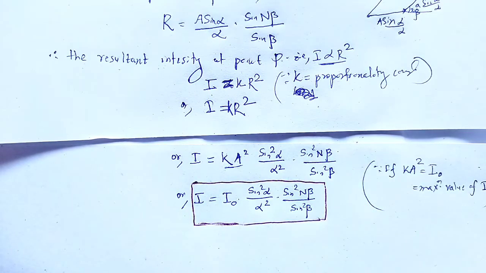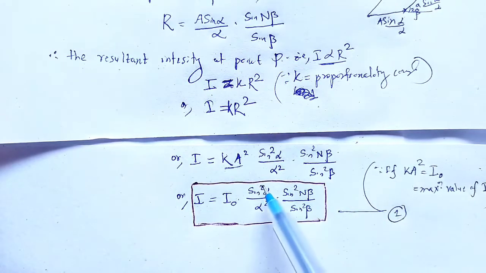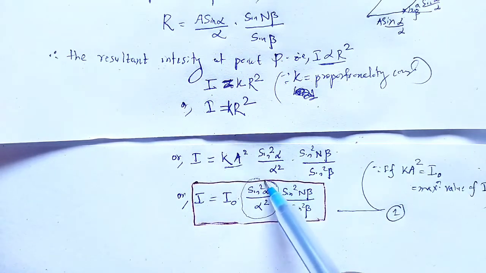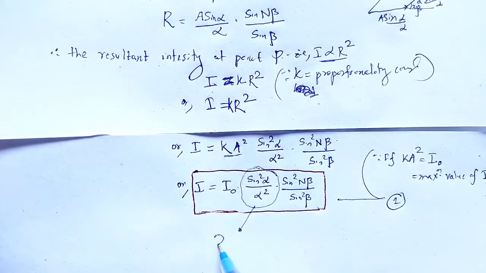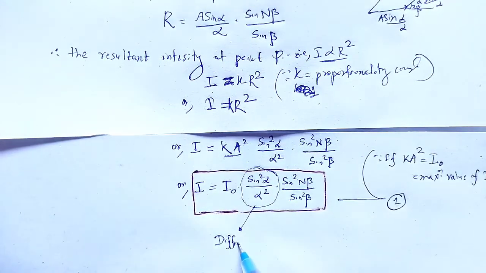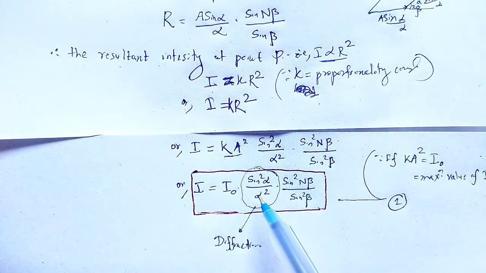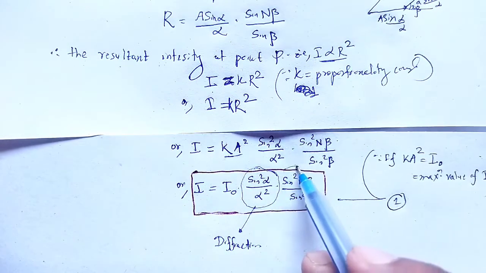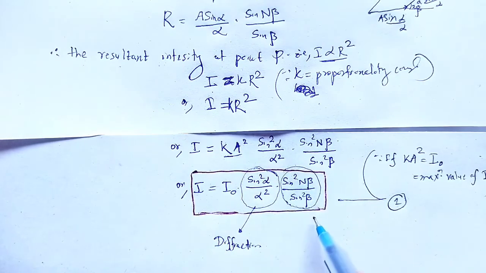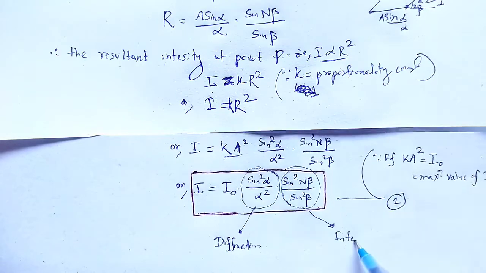From that expression, let us see equation number 1. That term sin square alpha by alpha square basically denotes the diffraction. We know that it expresses the diffraction due to the single slit, and the term sin square n beta by sin square beta represents interference.